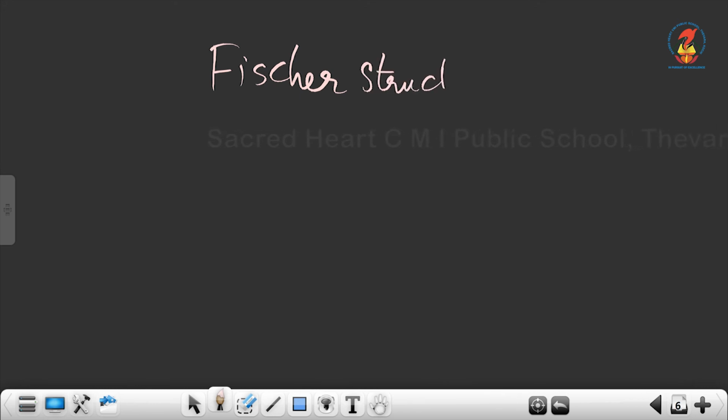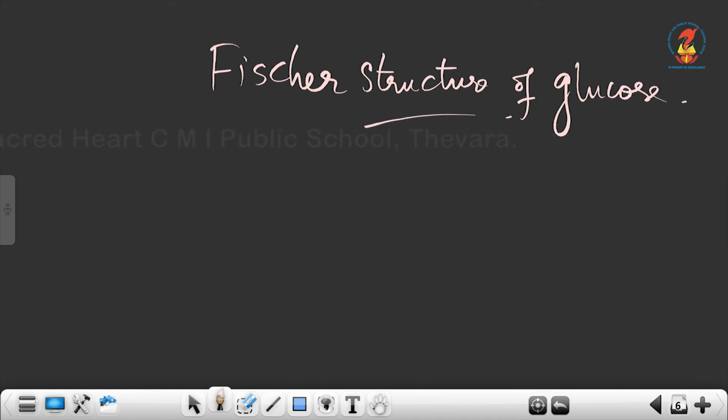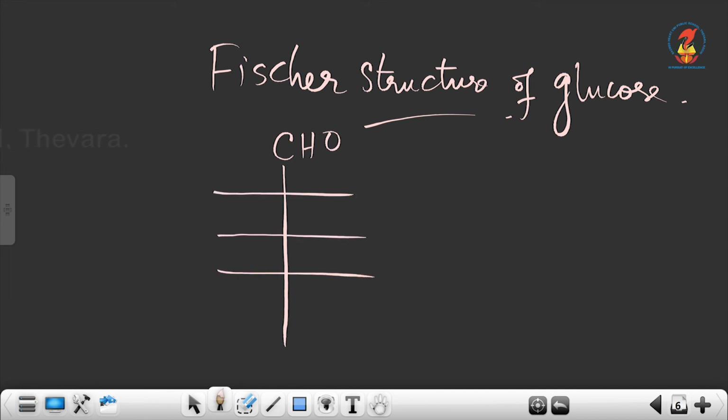It is CHO at the top. Now, this is the first carbon, second, third, fourth, fifth and sixth carbon, 6 carbons in glucose, and here we have CH2OH.